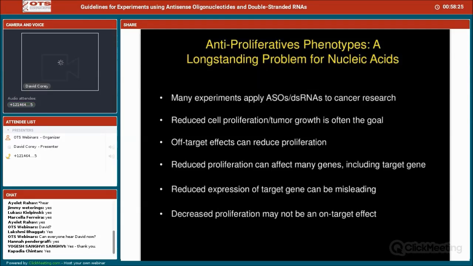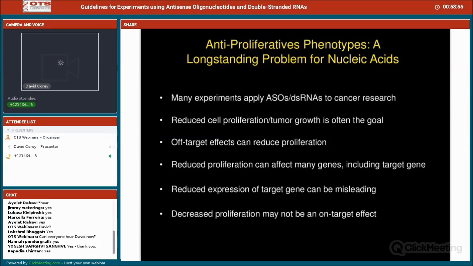Reduced cell or tumor proliferation has often been the goal. The problem with that is that virtually any oligonucleotide or double-stranded RNA, if used at high enough concentration, can reduce cell proliferation. In addition, if you were to screen a number of oligonucleotides, it would not be difficult to find several that potently reduce cell proliferation through off-target effects.